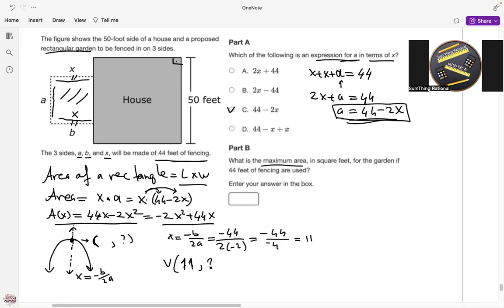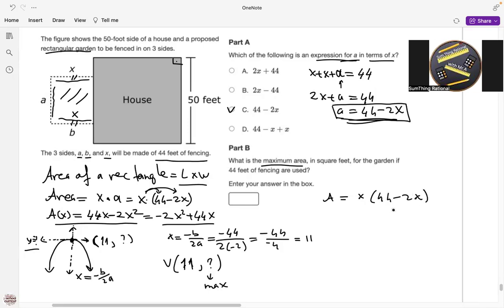The y coordinate of the vertex will give me the maximum value. To check how high it is, I need to find the y value, the second component of the vertex. Let me write the function again. My area function is x times 44 minus 2x.